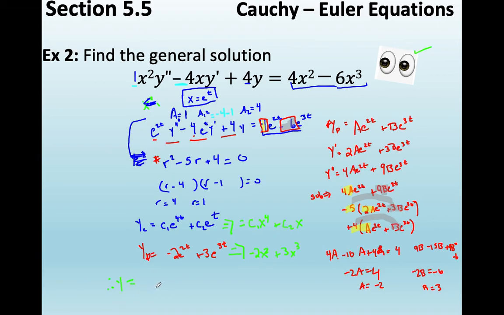So my final y is c1 x to the 4th plus c2 x to the 1st minus 2x squared and 3x cubed.